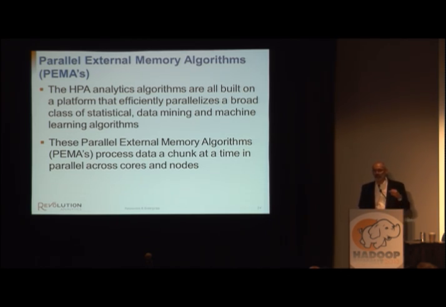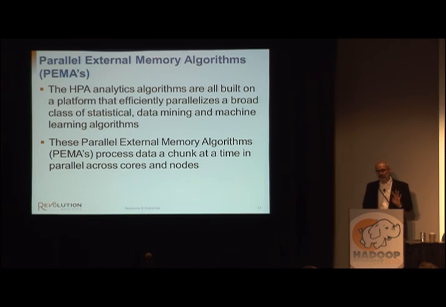Our high-performance analytics algorithms are also built on the same principle, although they're not, strictly speaking, MapReduce. Rather than a mapper and a reducer, our PEMAs consist of four functions that we write to. Those functions are an initialize function, a chunk processing function, which is very similar to a map function, a results updating function, which is analogous to a reduce function, and then finally a results finalization function.